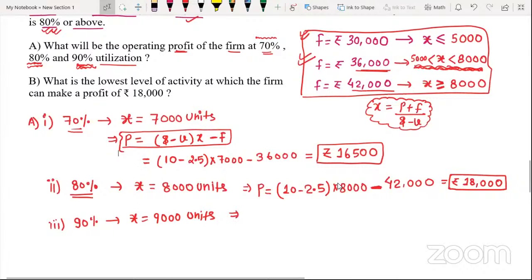So this P will be 10 minus 2.5, a small s minus a small v, into this x. X is now 9,000 minus, you can see again, since this 9,000 is falling in the category of x greater than or equal to 8,000, so again the fixed cost is going to remain 42,000 only.